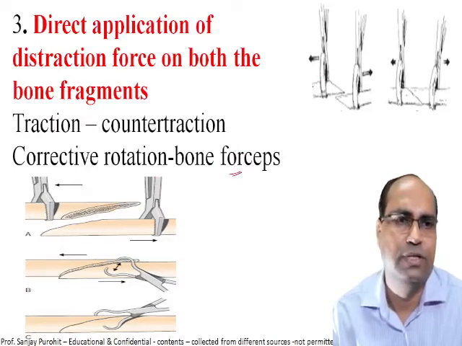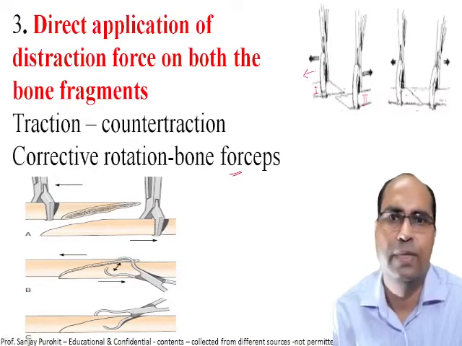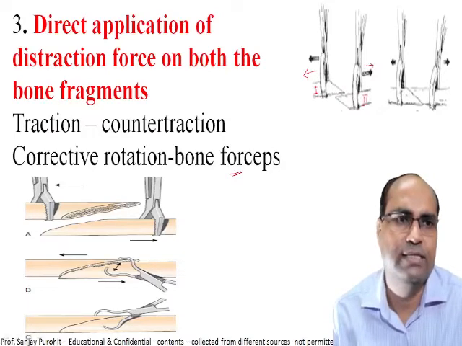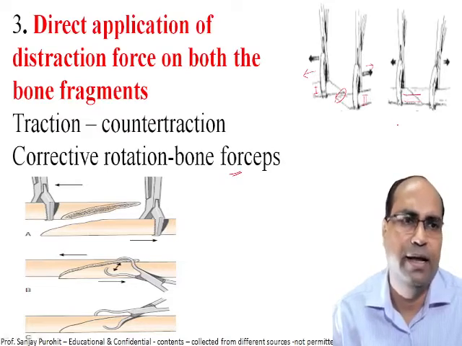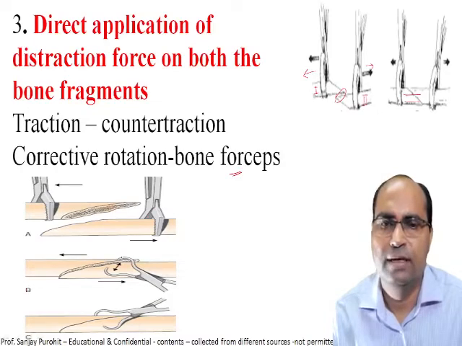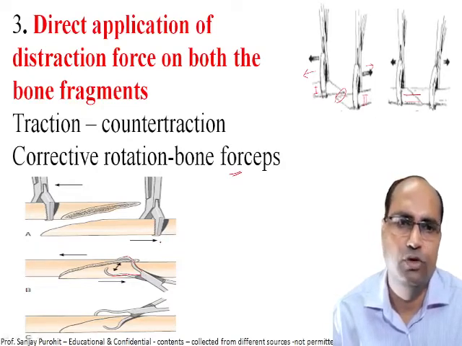In this, these two bone holding forceps are applied, the first on the first segment and the second on the second segment, and then put the distraction forces in opposite directions and create a gap between the fracture site, and then the bones are put into anatomical alignment. Using the internal immobilization techniques, we can use bone holding forceps to hold these reduced segments in position.